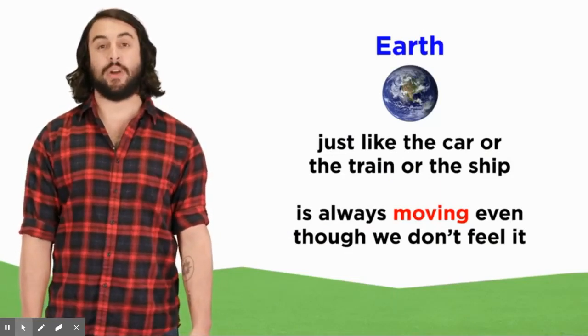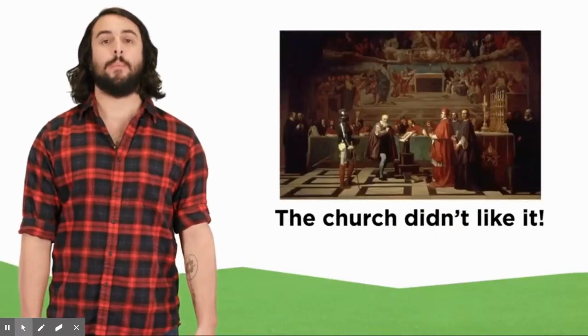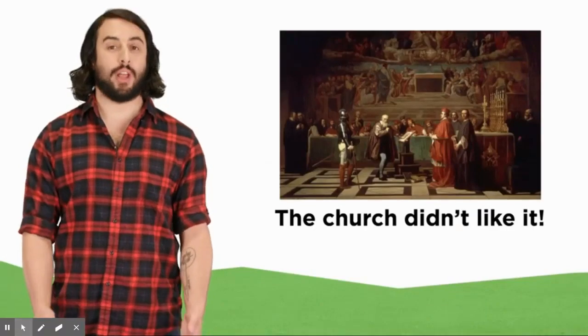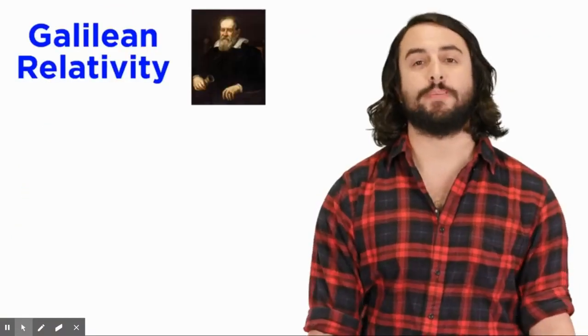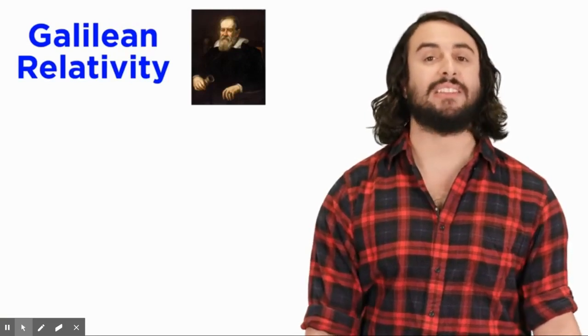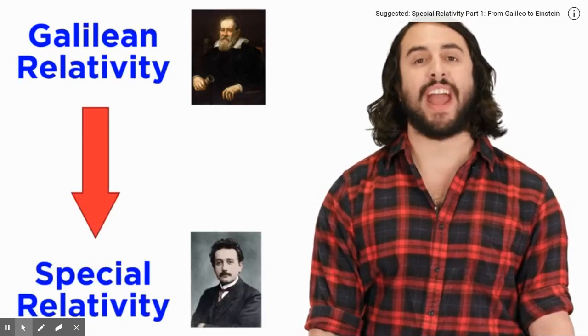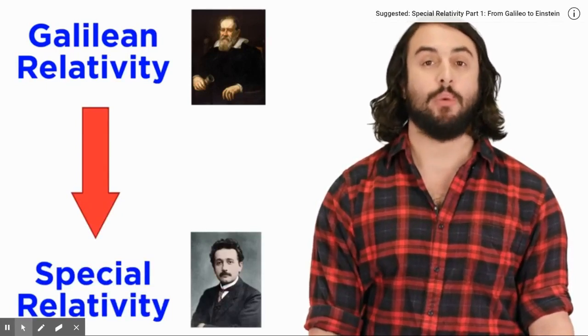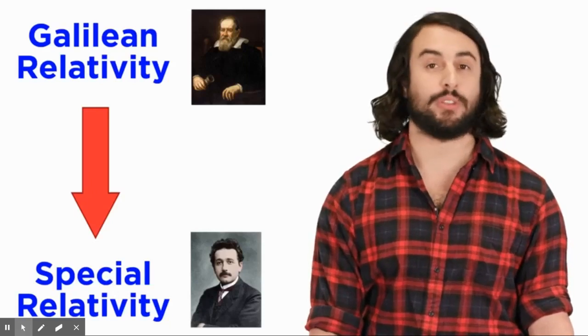This got Galileo and other scientists into hot water with the Catholic Church. But humanity eventually caught up to his revolutionary thinking. We refer to this portion of his work as Galilean relativity, and these concepts will be built upon to enter very strange territory when we cover Einstein's special relativity in the modern physics course.